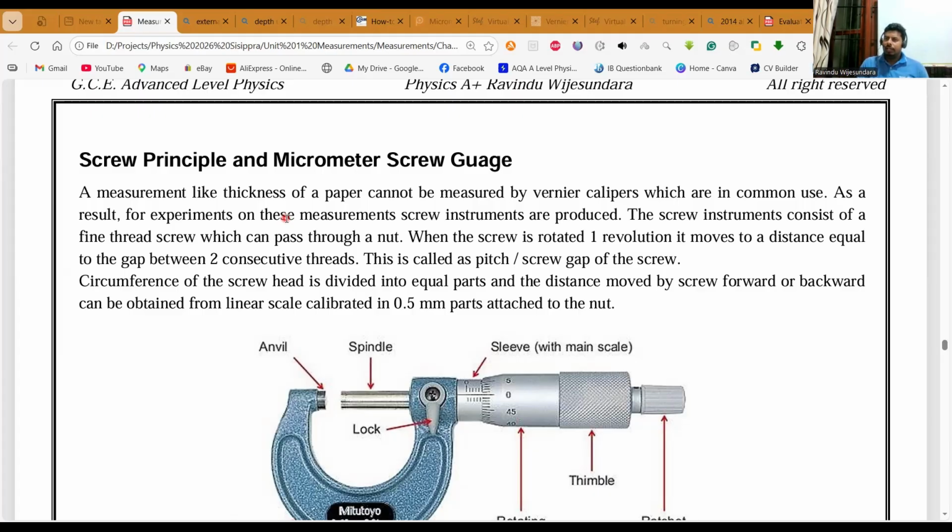When I ask you to unscrew, you really know in what direction it should rotate. And also, if you need to fix it again, you know the exact direction that you have to rotate, right? Because there's a standard that is followed to construct each and every screw in the world. So that is the screw principle, or we simply call it the right hand rule.